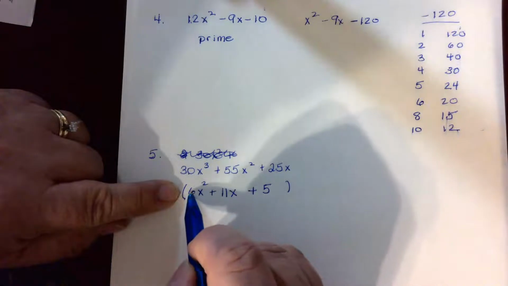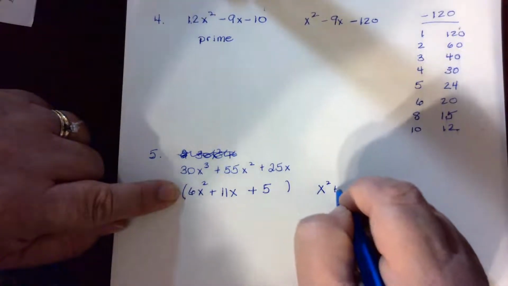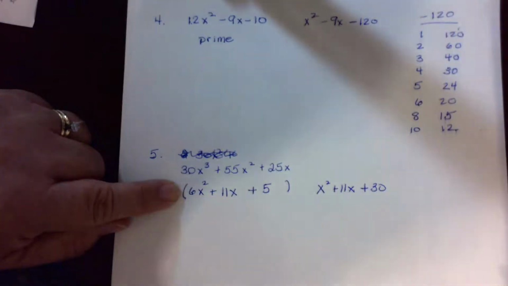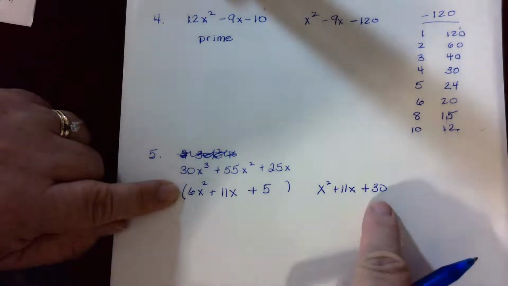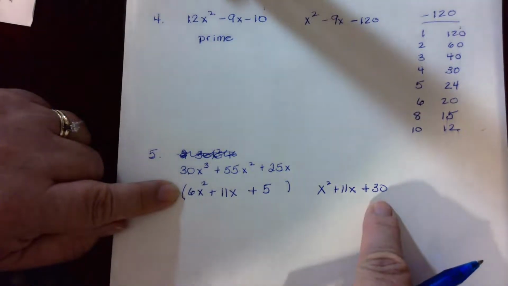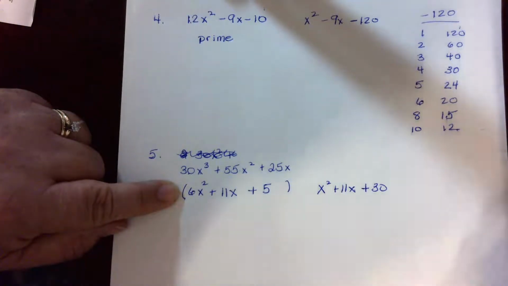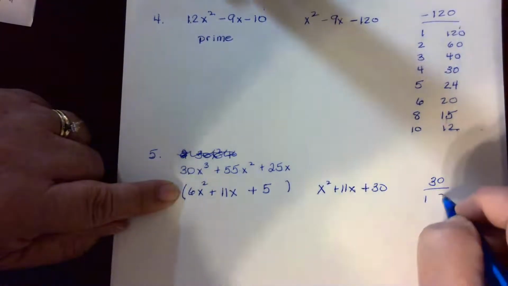So I'm going to multiply this 6 times this 5. Now, if you can immediately tell me the numbers that you multiply to get 30 and combine to get 11, great. If you can't, then you make your list.